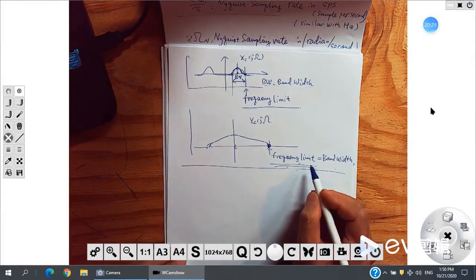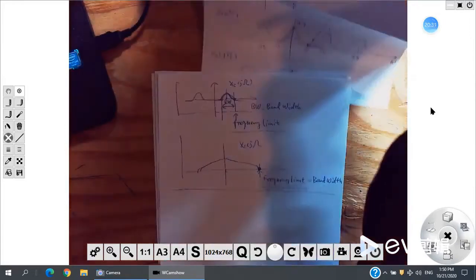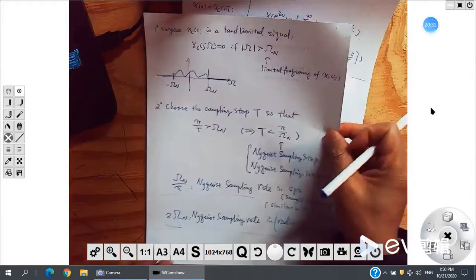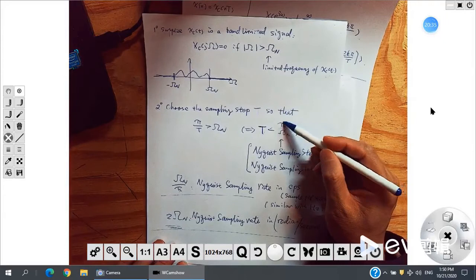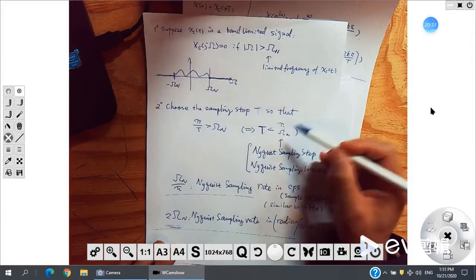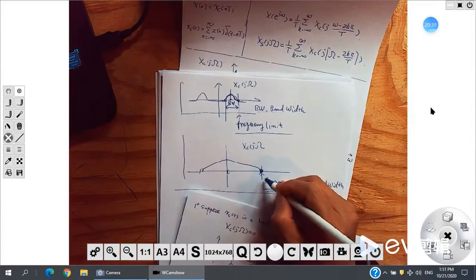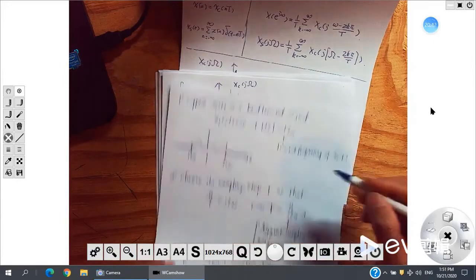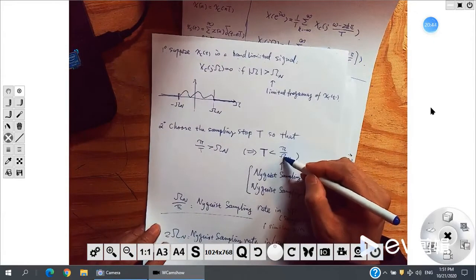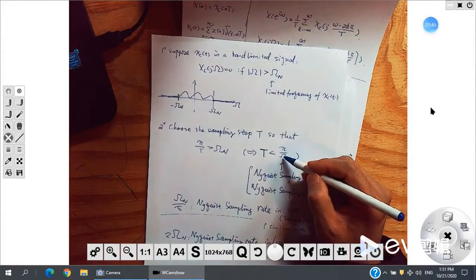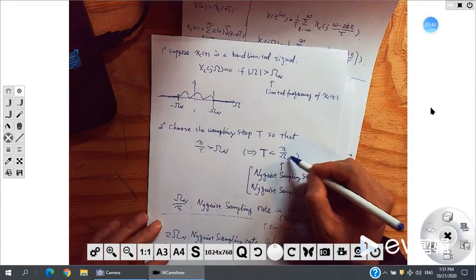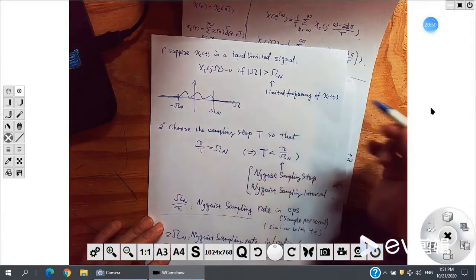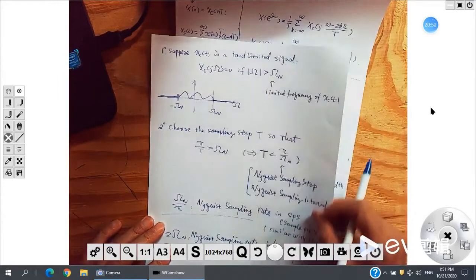You will choose T as pi over omega n, or less than that. You cannot use T larger than that, because larger will cause aliasing.